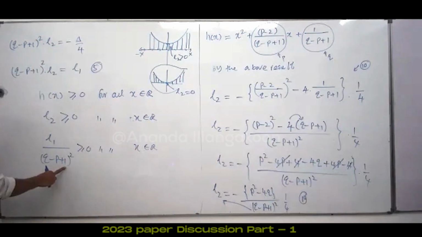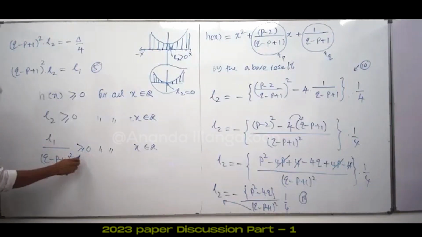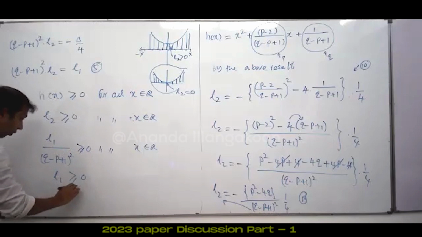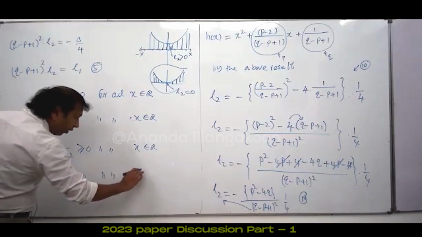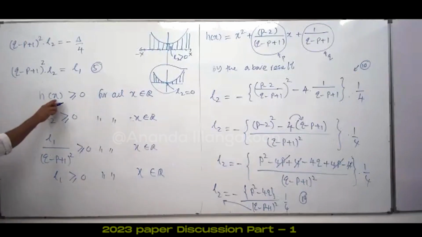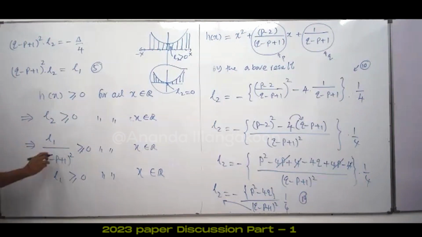So therefore, when this is not equal to 0, it's perfect square, right? It's always positive. This fraction should be positive or equal to 0. Since this is positive, for this fraction to be positive or equal to 0, this L1 should be greater than or equal to 0 for all real values of x. Okay. Then this implies this, this implies this, this implies this.